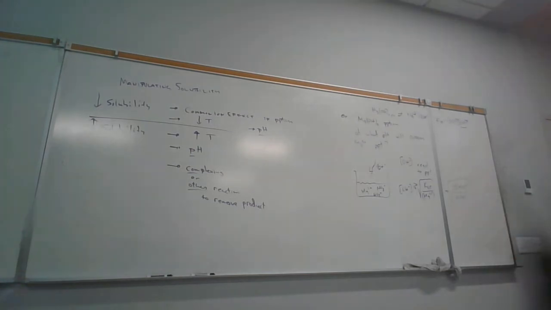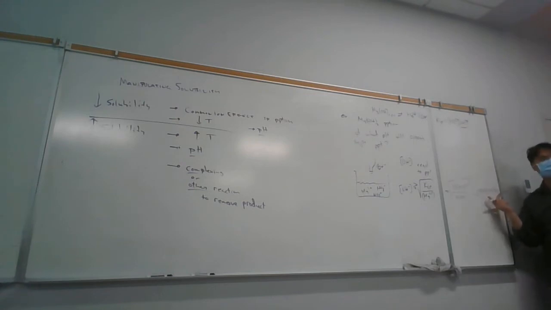Okay, so 1.8 times 10 to the minus 11 divided by 0.1, and then take the square root of that. This is going to give me 1.3416 times 10 to the minus 5 molar. So this is the minimum hydroxide. Actually, we need a little bit more than this to precipitate it, right? We need more than 1.3416 times 10 to the minus 5 molar hydroxide, which is a pOH of what?